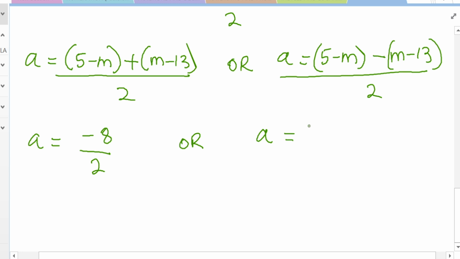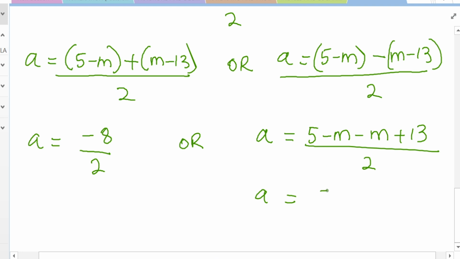Of course, this is 5 minus m plus 13 over 2. Our value of a here will be 5 plus 13, which is 18, so this is 18 minus 2m over 2.